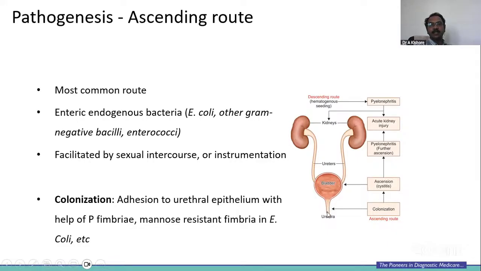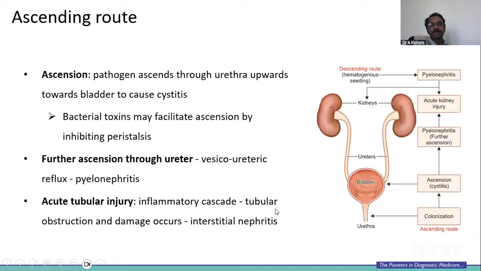Once they enter, they initially colonize, with adhesion mainly to the urethral epithelium with the help of fimbriae and mannose-resistant fimbriae, especially Escherichia coli attaching to the uroepithelium.